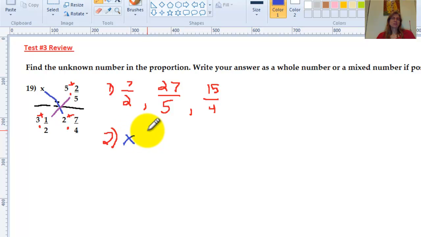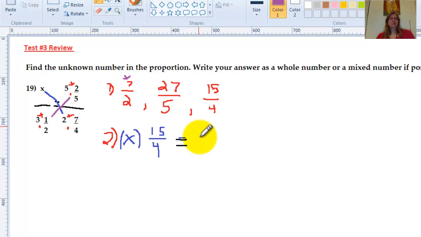So x times 15/4 equals, and we'll use the purple indicating that we're multiplying 3 1/2 times 5 and 2/5, but we're going to use our improper fraction.